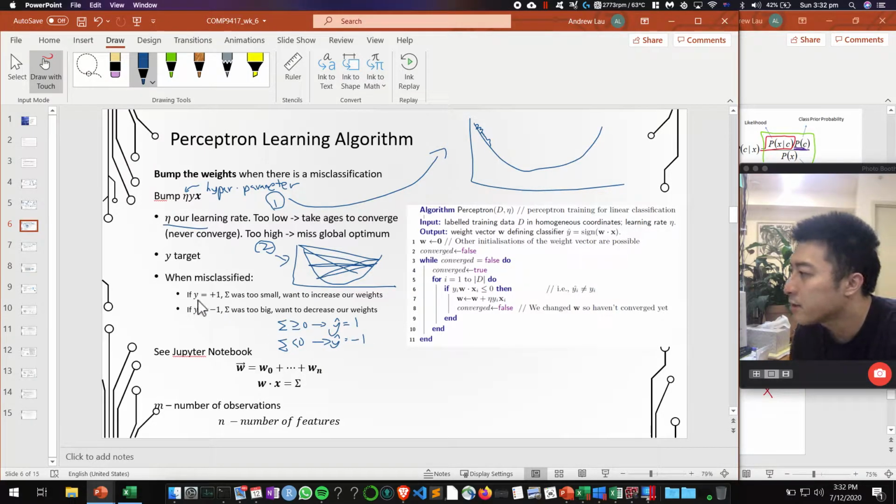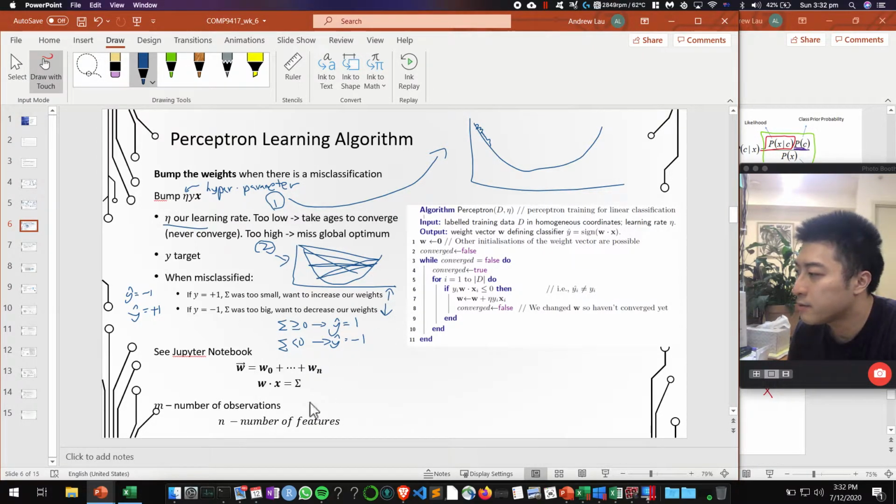Now, if there was some sort of misclassification, you have one of two things happening. Number one, you classified negative when it should have been positive. So actually, this was too small, so we want to increase our weights. We want to bump our weights. The opposite thing can happen. You predicted that it was positive, but it should be negative. So the activation is too big, and you want to decrease the weights, right?